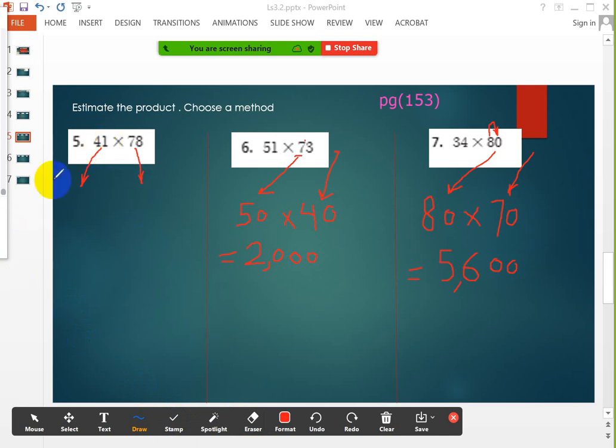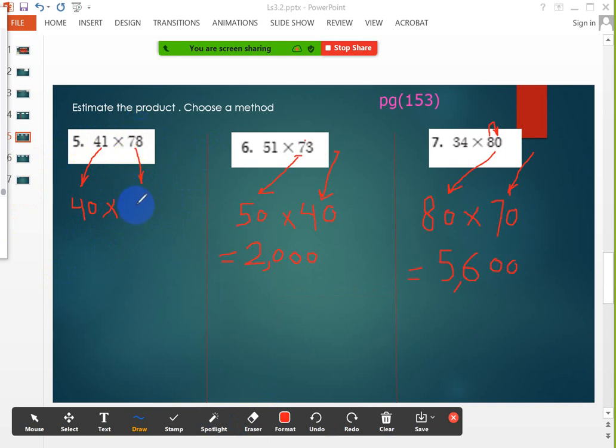41. If you round it to the nearest 10, it will be what? 40, you mean. That means I have 1 here before the tens digit and it's less than 5. So what about 78? If you round it to the nearest 10, I have 8 before the tens.